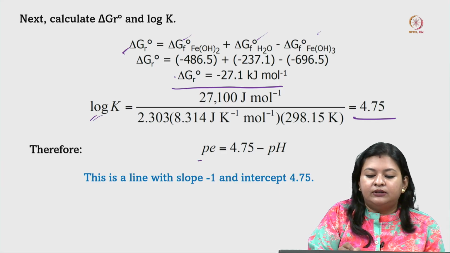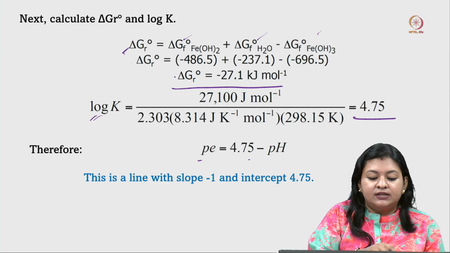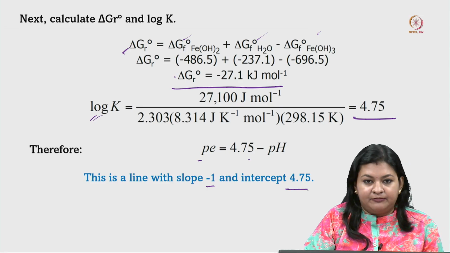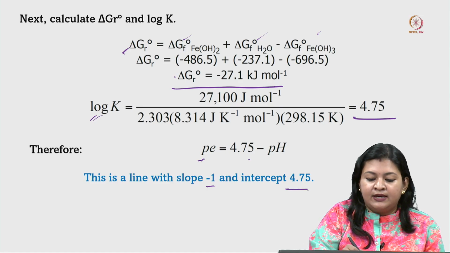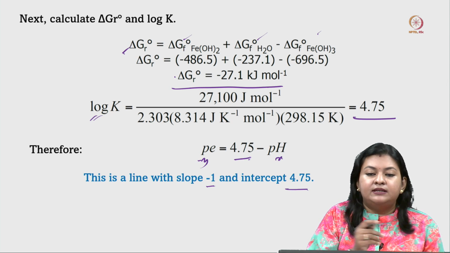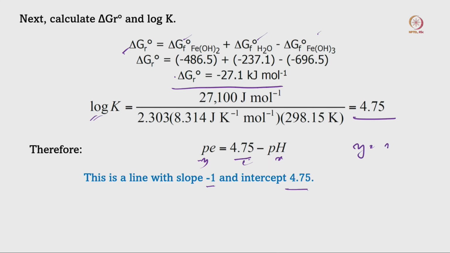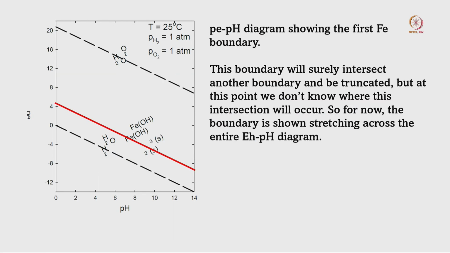So, my pe is equal to 4.75 minus pH, which is a line with a slope of -1 and intercept of 4.75, right. So, again y, x, this is -1 is my slope, this is the intercept C. Okay. In terms of y is equal to mx plus C, this is my mx, m is equal to -1 and intercept C is equal to 4.75. Now, let us see how we draw it.